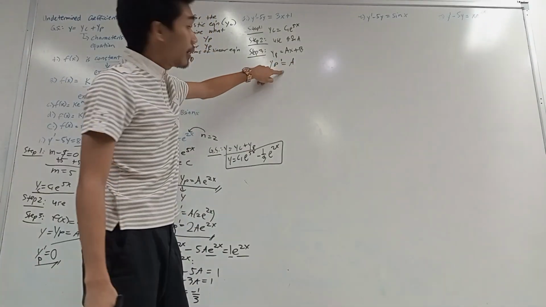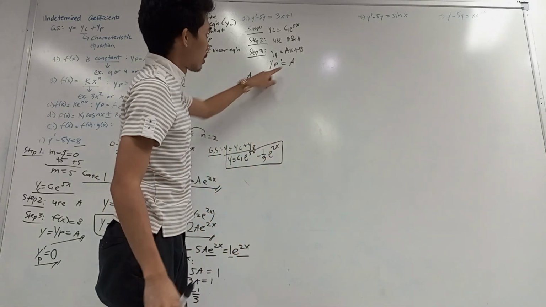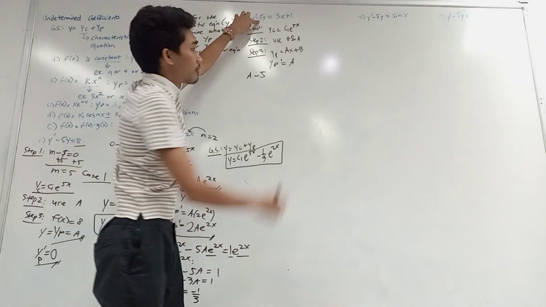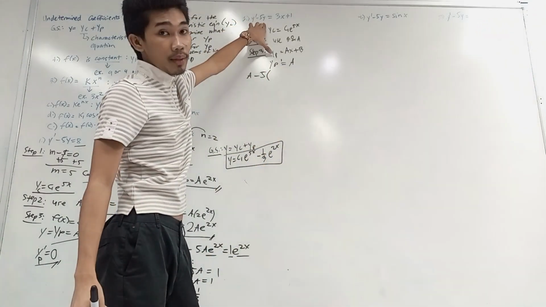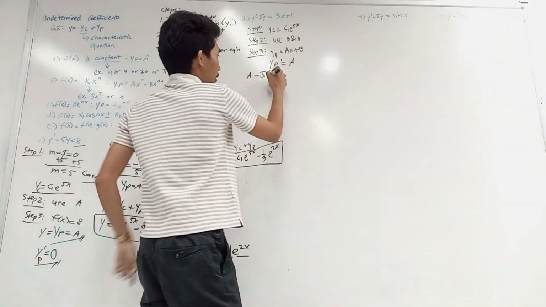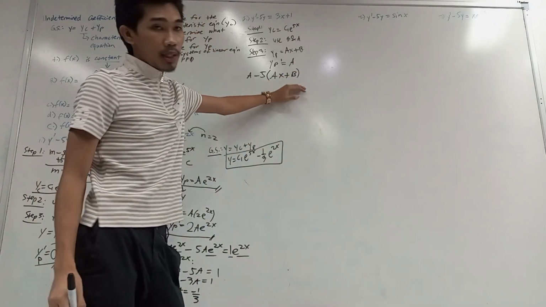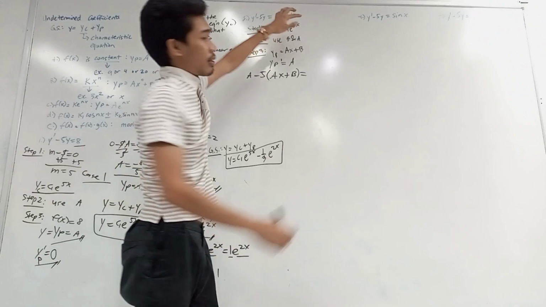So, yp prime is A minus, and then ang 5, copy ang 5, and then ang yp, substitute lang natin ito, Ax plus B. So, equate natin to 3x plus 1.